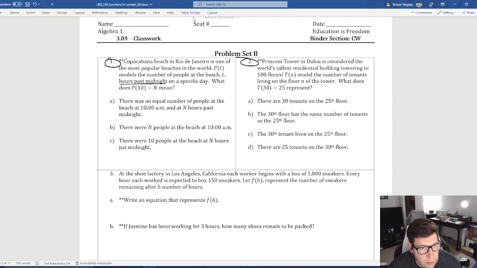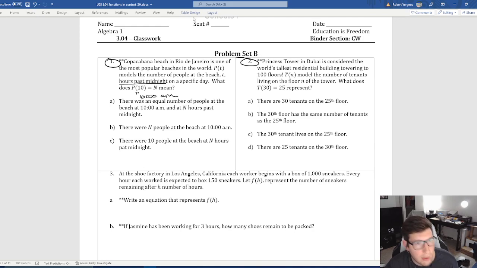Now it's going to take some thinking on our part. That means we are looking at 10 hours past midnight, which makes this 10 a.m., that means this is 10 in the morning. And so P of 10 equals N means we're looking at the number of people at the beach at 10 a.m.